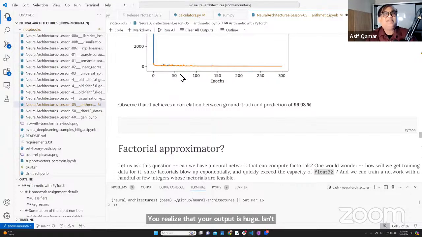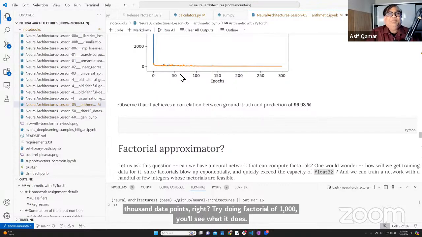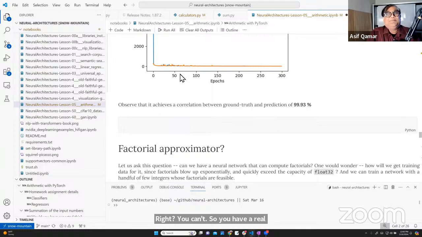Those factorials are massive. So you cannot go and create 1 million data points, or a large number of data, 100,000 or 10,000, or even 1,000 data points, right? Try doing factorial of 1,000, you'll see what it does. You can't. So you have a real practical problem. How do you train this network?